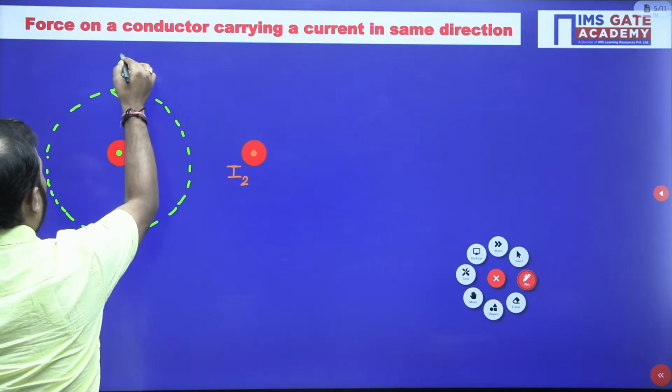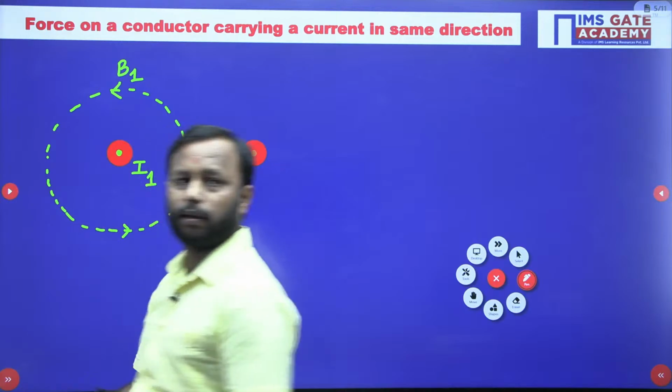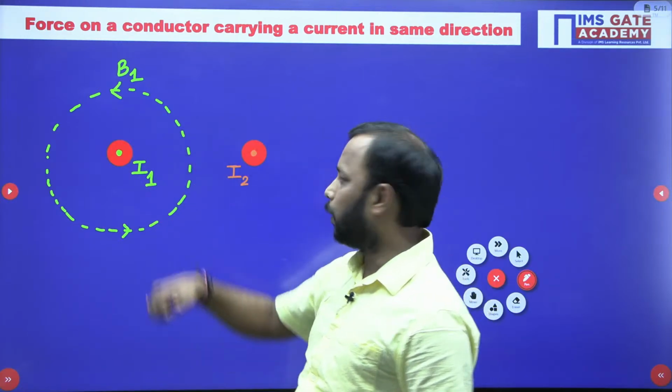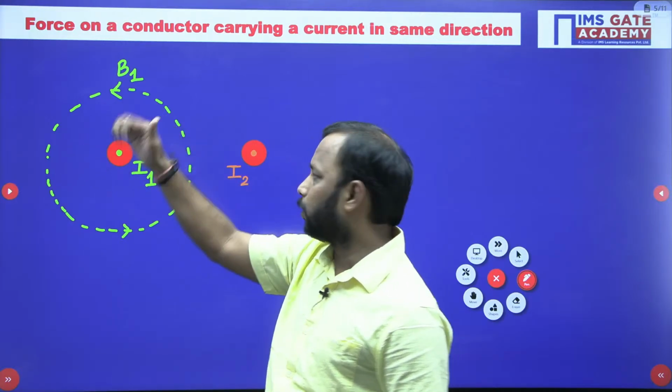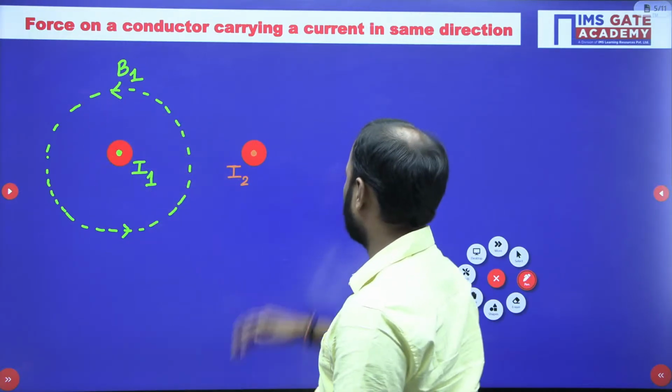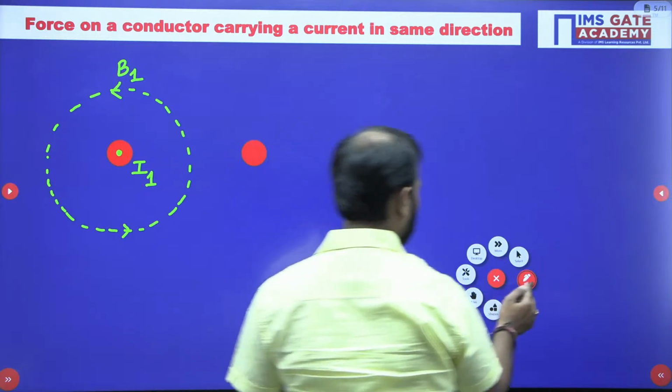So this is B1, magnetic field direction. Let me tell you one more time, Fleming right hand palm rule. So outward, then this is your magnetic field direction. Similarly, let me change the color.